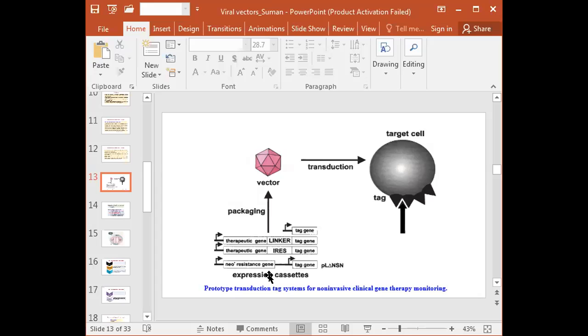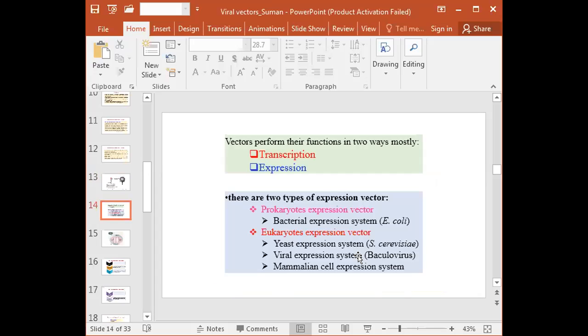This neo-resistance gene is a neomycin antibiotic resistance gene. This is the tag gene, and these are the therapeutic genes. These are linkers, and this is the internal ribosome entry site, known as IRES. So this is all about the expression cassette and the prototype transduction tag system.